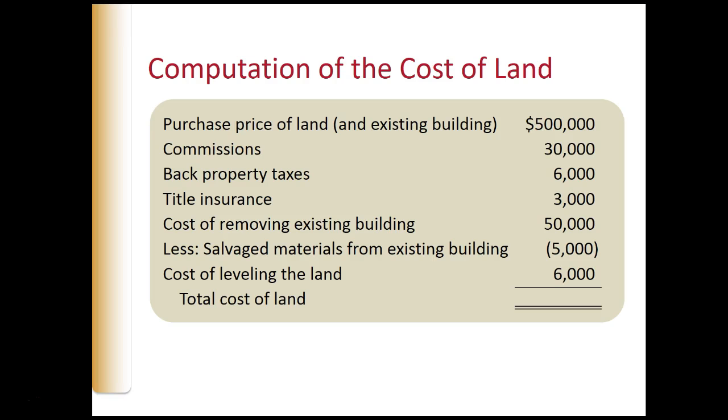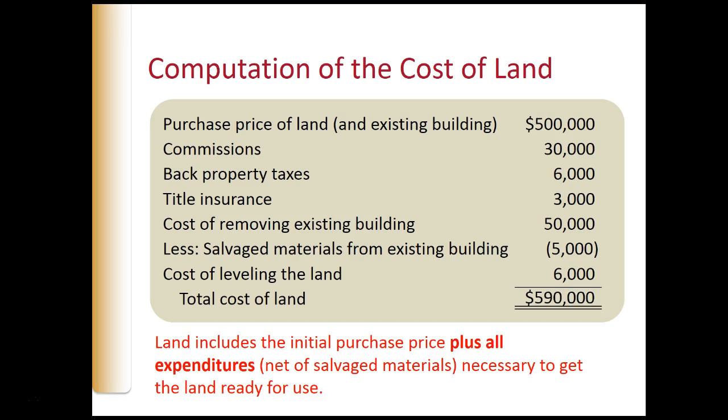So using the guideline of cost plus all expenditures necessary to get an asset ready for use, Olive Garden would record the cost of the land at $590,000.